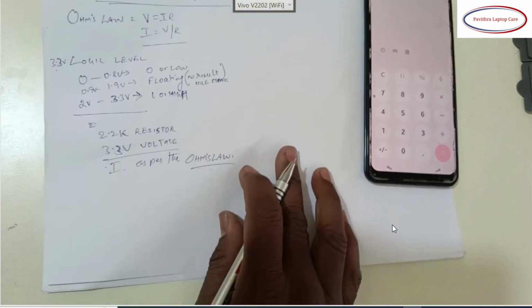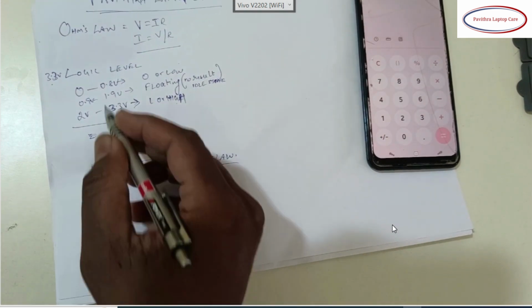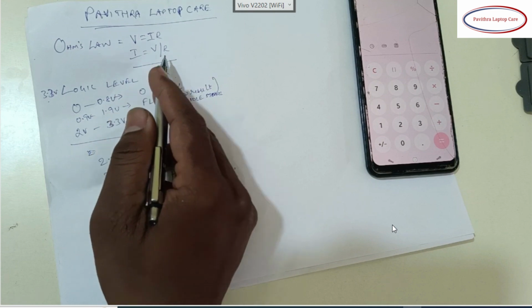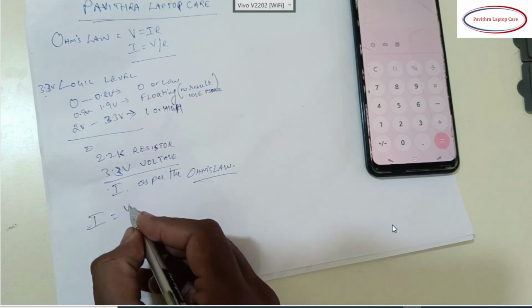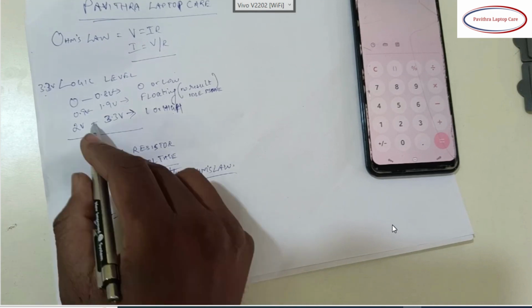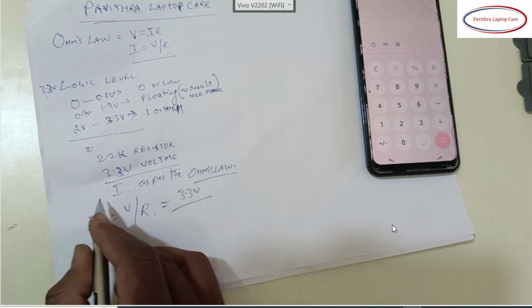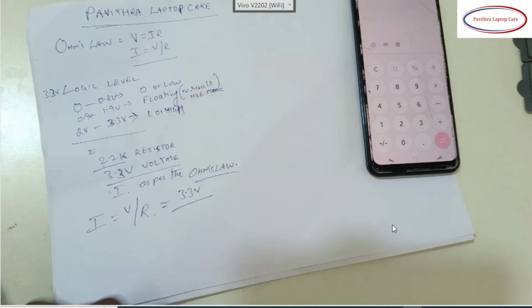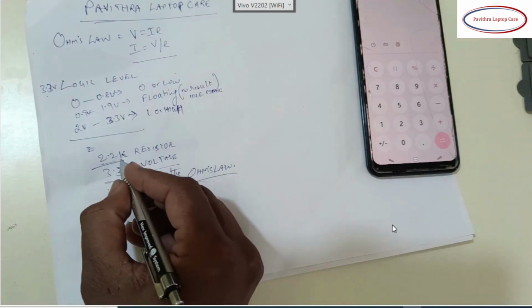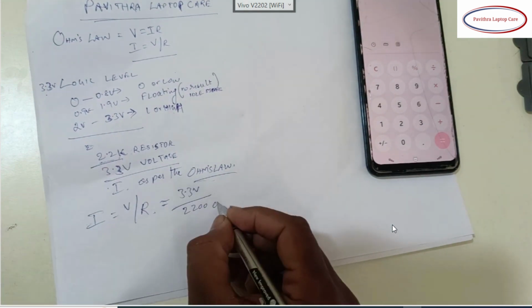Let us calculate. I is equal to V by R, as per Ohm's law. We know the voltage, that is 3.3 volts, and the resistor is 2.2k. It means 2200 ohms.